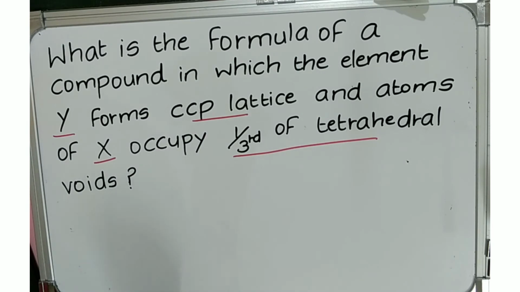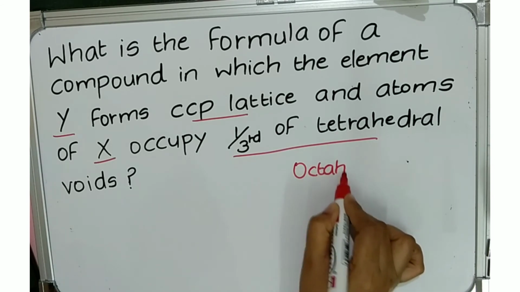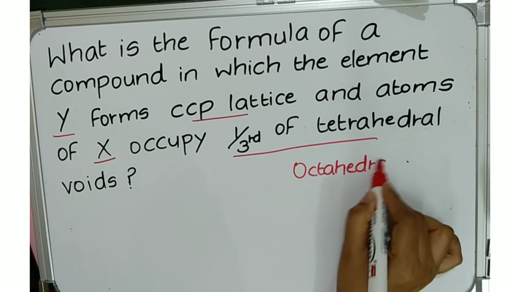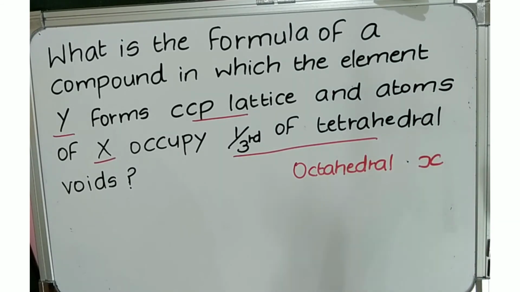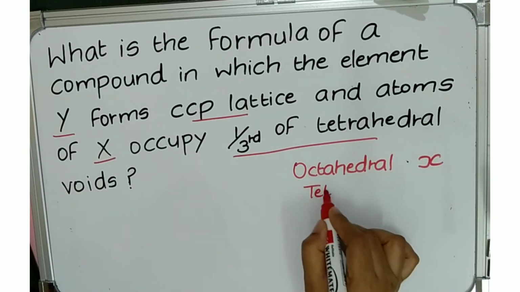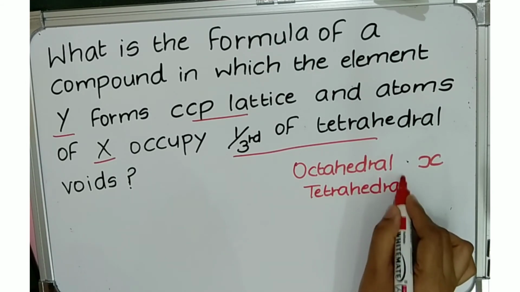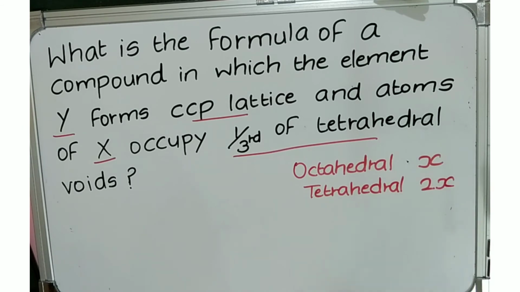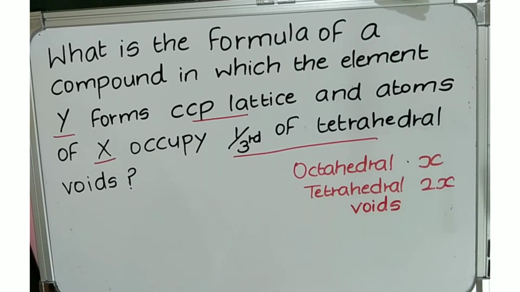Now, always the octahedral voids, we take it as suppose n number. Then tetrahedral voids are always twice of octahedral voids.